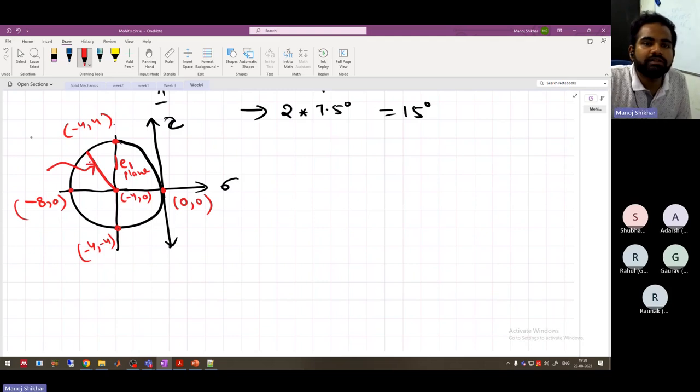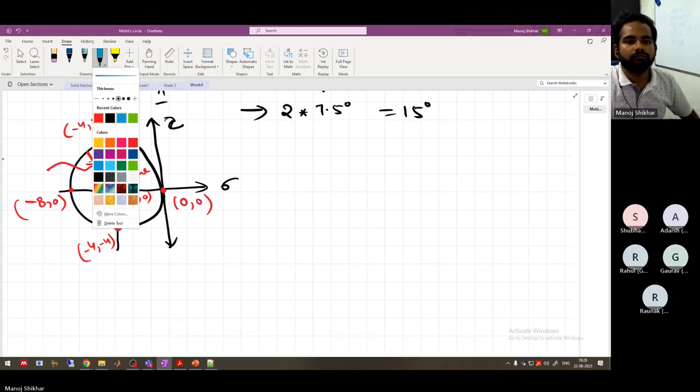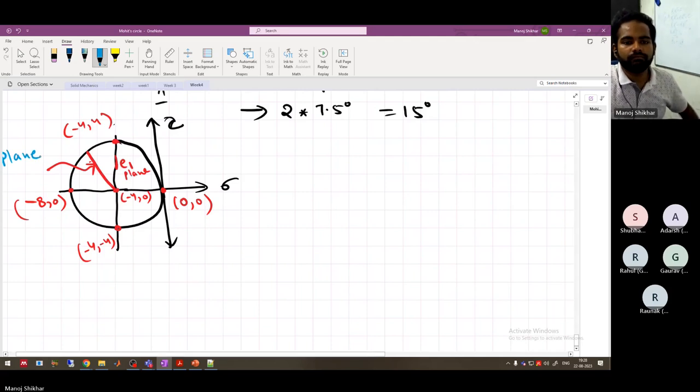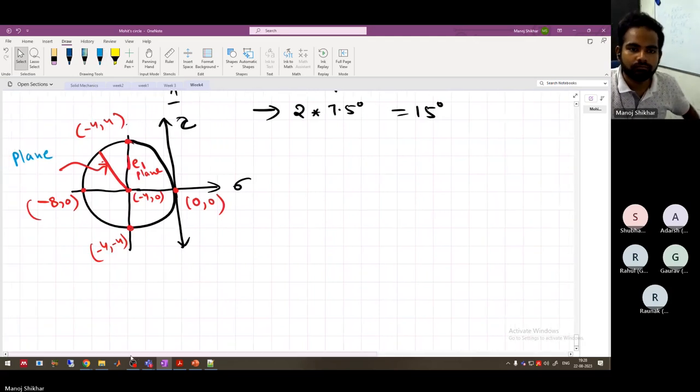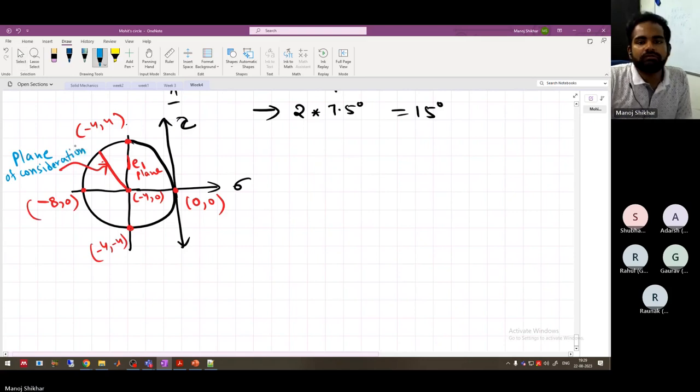This is the plane of consideration where we want to find our sigmas. If we find this sigma and tau, we will be able to find our solution.